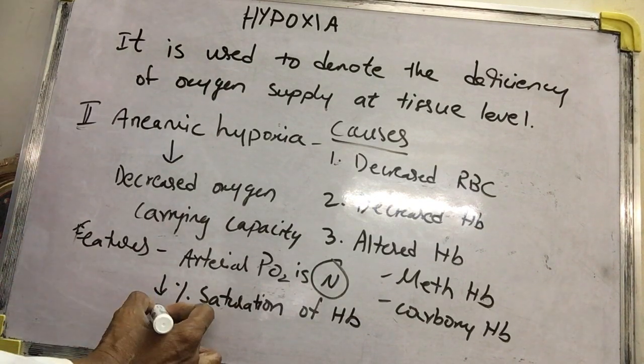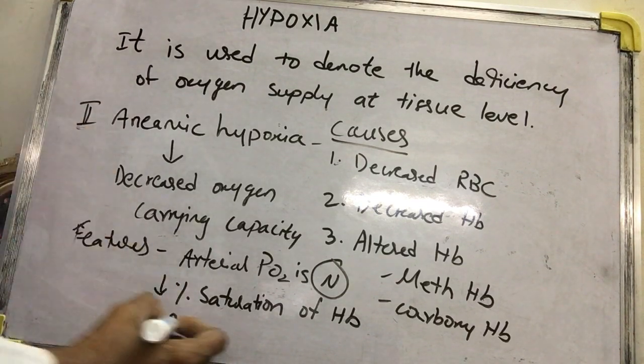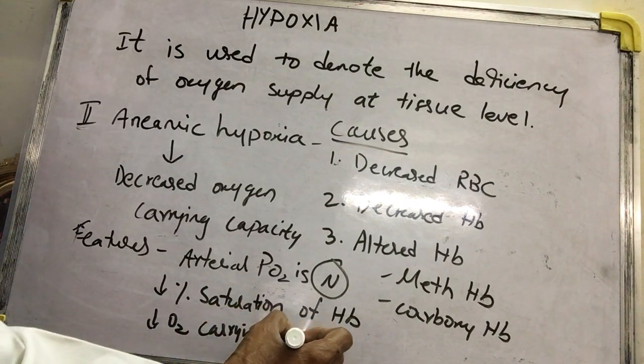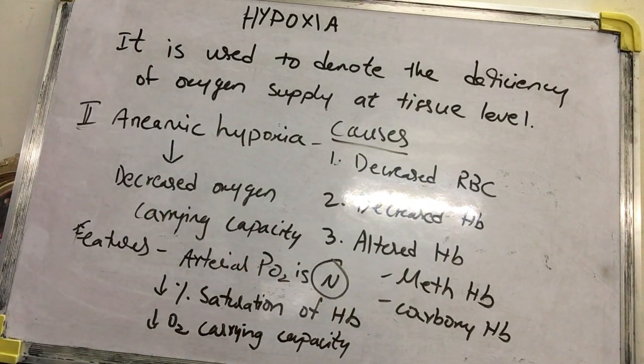And since there is decreased saturation of hemoglobin, there is decreased oxygen carrying capacity. So in anemic hypoxia, it can be due to decreased RBC, decreased hemoglobin or altered hemoglobin, and the features here will be arterial PO2 is normal, but there is decrease in the percentage saturation of hemoglobin and also oxygen carrying capacity.